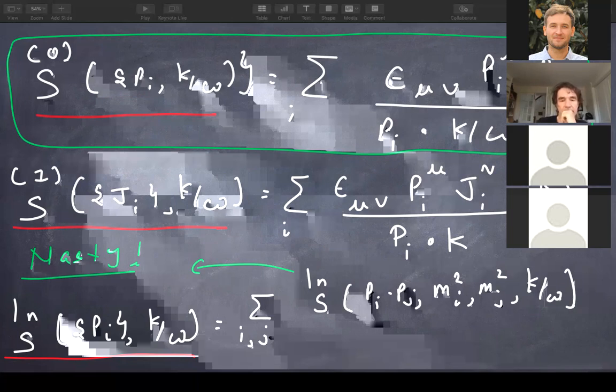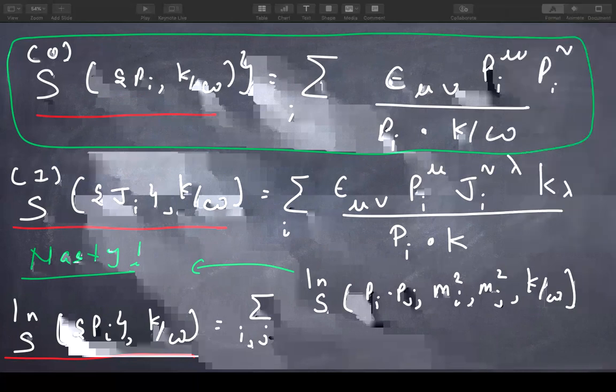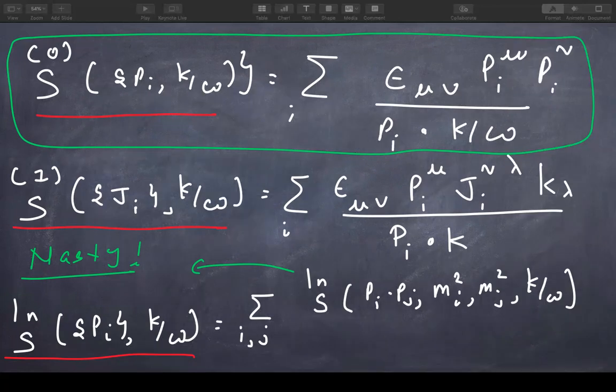Regarding your first question, why people missed it before, I'm not entirely sure. I think people probably did not look for the subleading soft theorems, in the sense that even this S1 that is written in the second line here was found only in 2012 for gravity by Cachazo and Strominger.